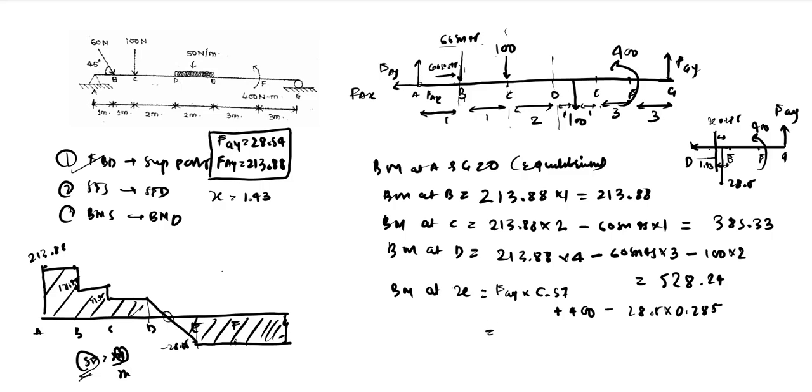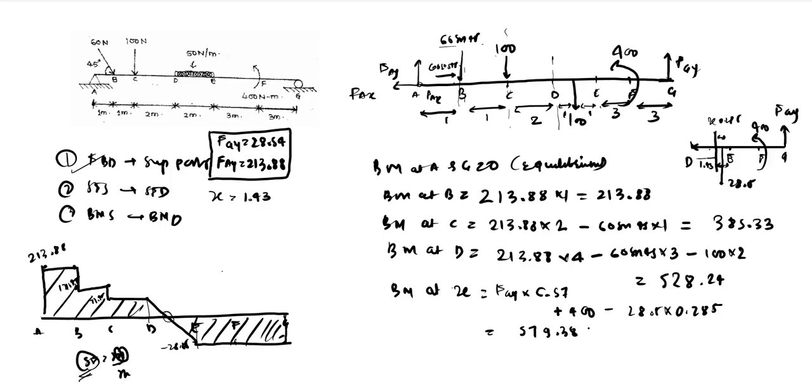FGY we have 28.54 into 6.57 plus 400 minus 28.5 into 0.285. We have 579.38.